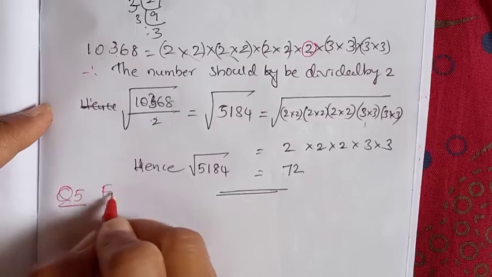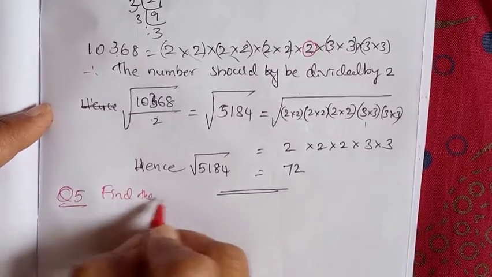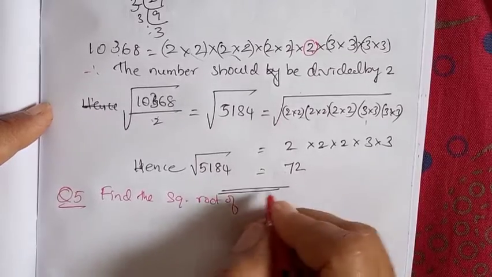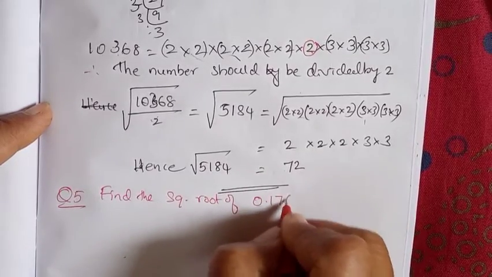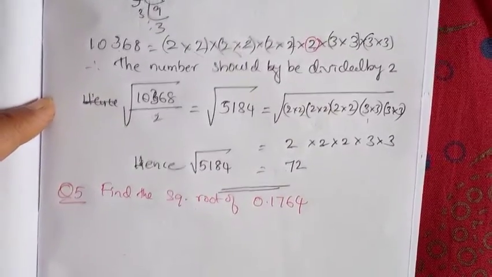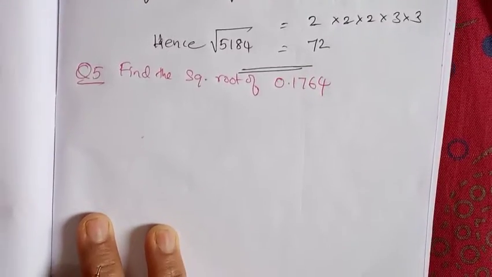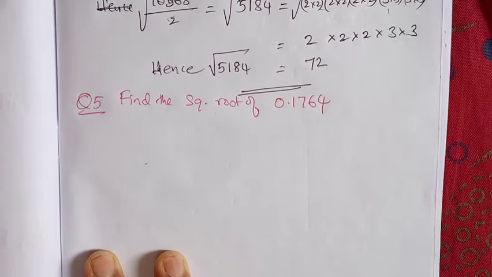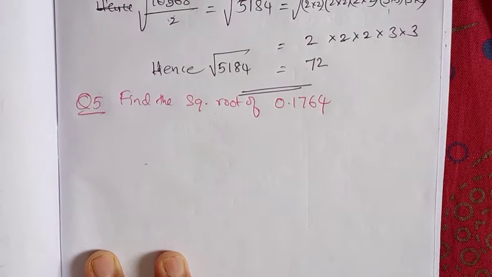Find the square root of 0.1764. Up to now I didn't explain to you the decimal square roots, decimal square of numbers. We will do decimal numbers.